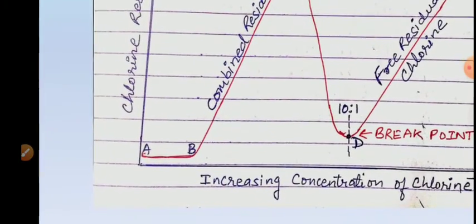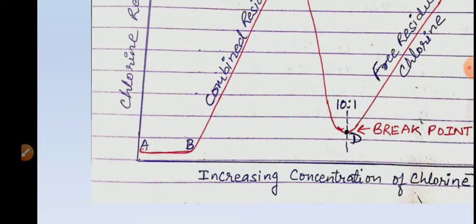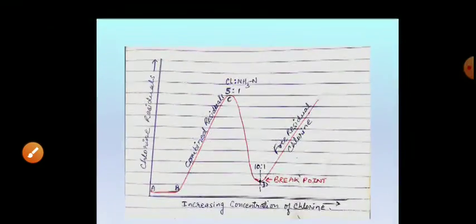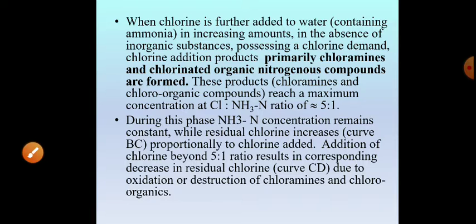So initially whatever chlorine you add is utilized, so there is no rise in residual chlorine. That is shown by AB. Okay, A to B. So this much amount of chlorine which was added is completely utilized. That means no chlorine is left behind in water, so no chlorine residual.